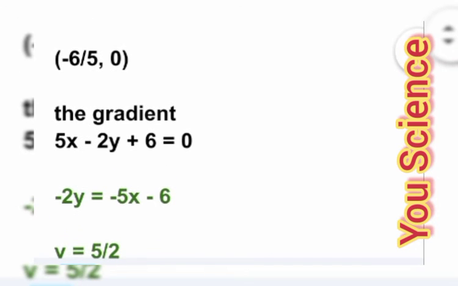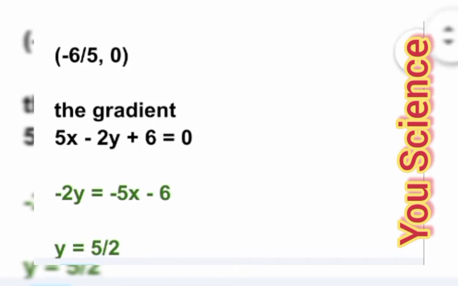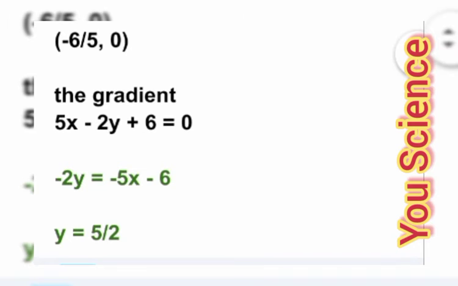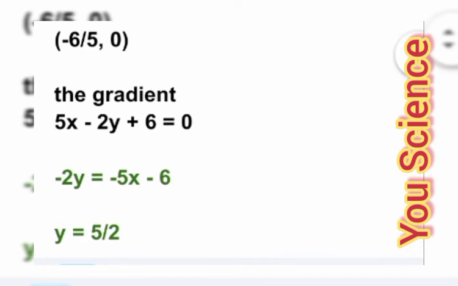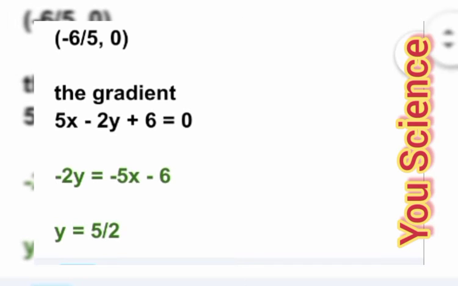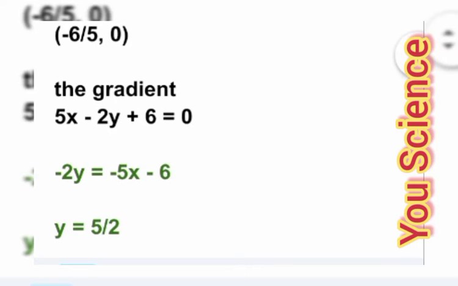Then I divide both sides by minus 2. I'm going to have y equals 5 over 2 x plus 3. So 5 over 2 is what is required, because that is the gradient of the line. From there, we can predict that the straight line has a positive slope.